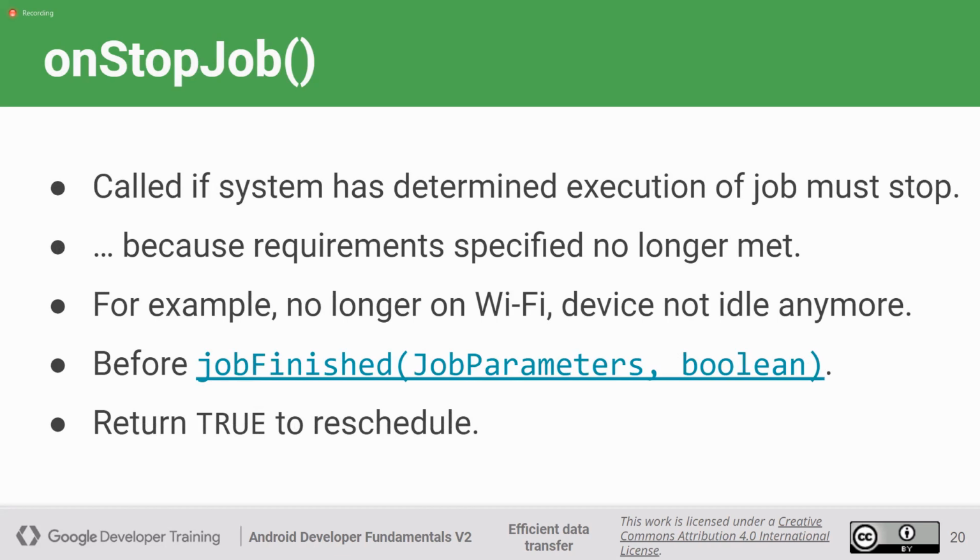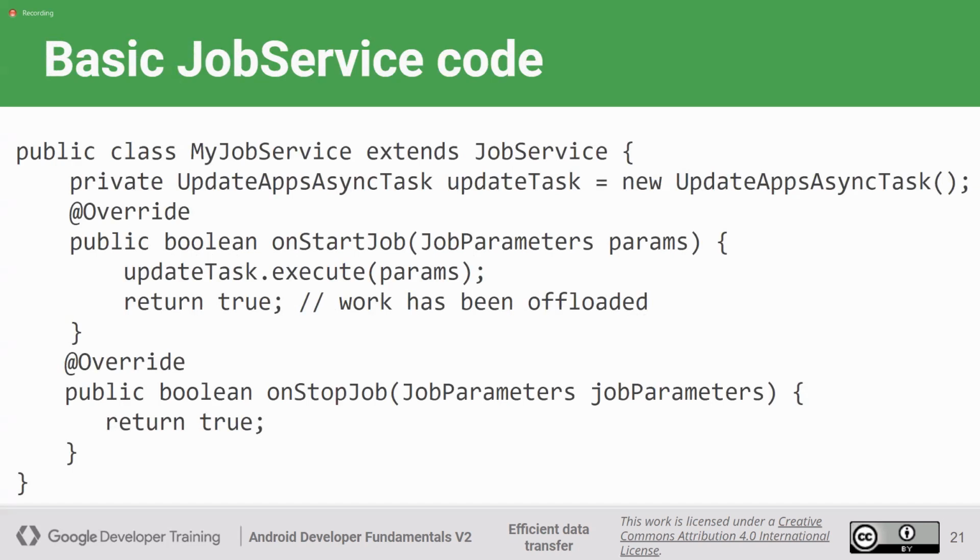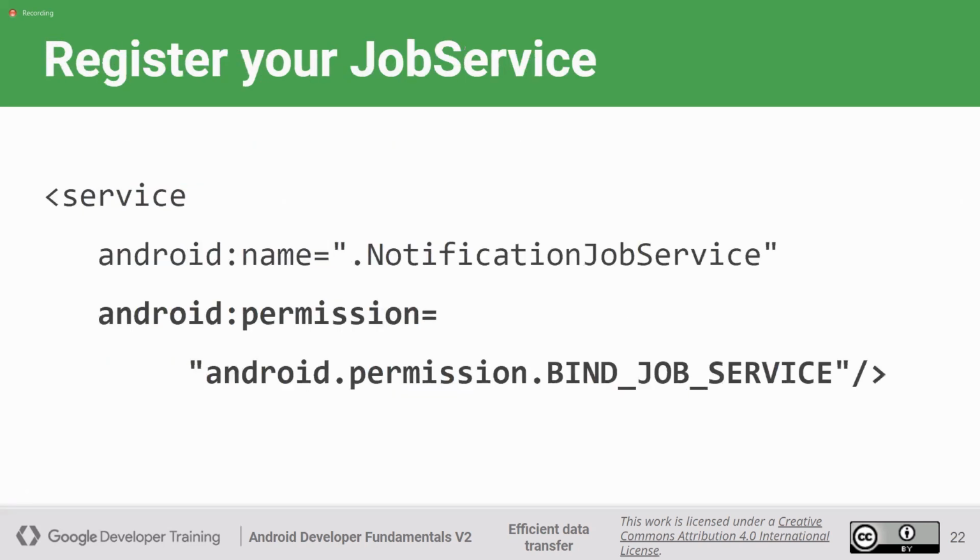So your job has to be aborted now, correct? In those situations, we'll call on stop job. So here we write the logic to cancel the job if there is a need. So this is how a job service code looks like.